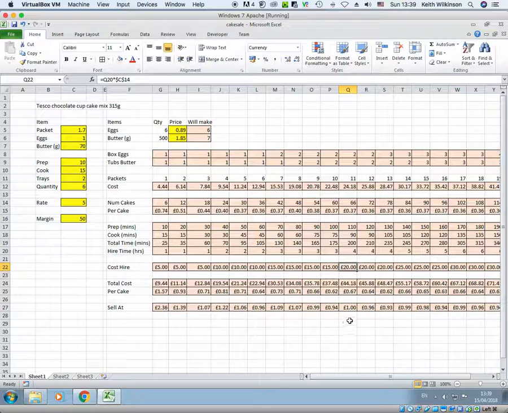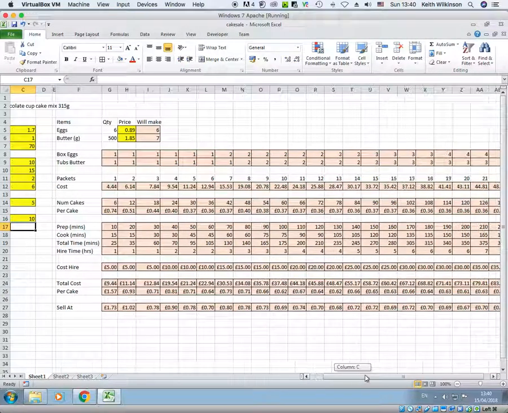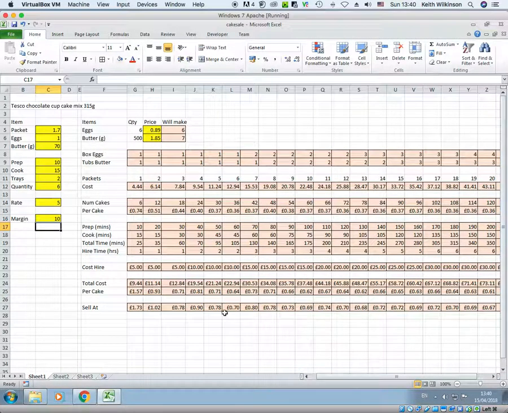But perhaps I can reduce my margins. In other words, I want less of a profit. So let's take it down to 10%. I only want to make 10% on each cake, and I want to sell a cake at £1. Well, that brings just about all the cakes well below £1.